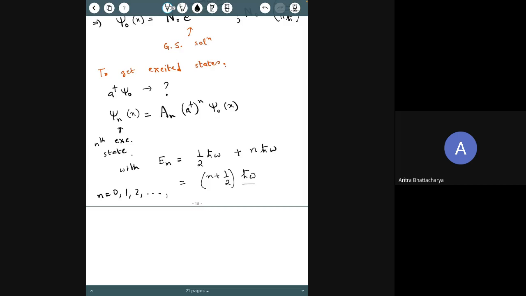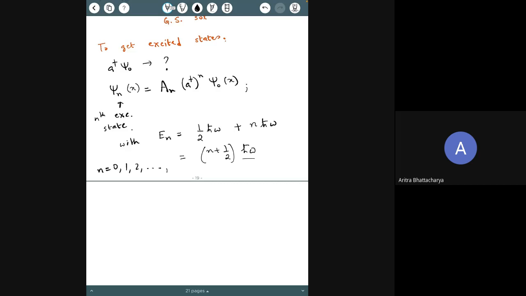They're h cross omega, because this A dagger keeps shifting the energies by h cross omega at every step, the same amount. Okay, and if you normalize this, then the normalization constant A n, I'll tell you what it looks like. Maybe we'll work it out later. It looks like 1 by root over n factorial.